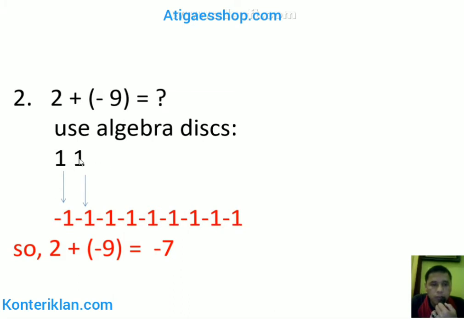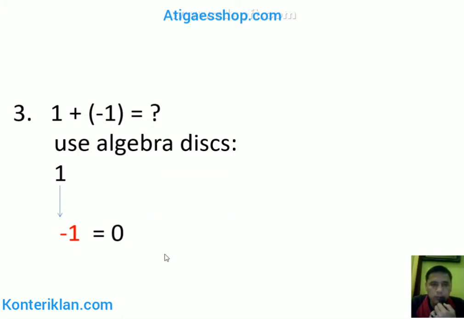So we cross out one positive with a negative 1, and another positive with a negative 1. So the rest is 1, 2, 3, 4, 5, 6, 7: negative 7. So 2 plus negative 9 equals negative 7. Number 3 example: 1 plus, in brackets, negative 1 equals what?